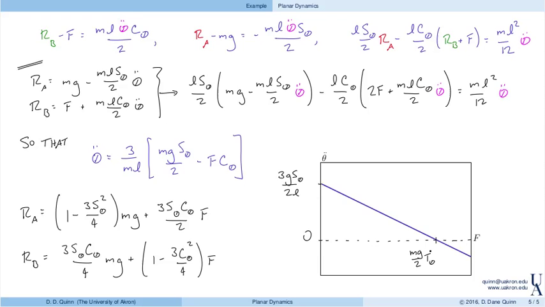In fact, if we were to solve simply a statics problem, this would represent the force needed to hold the bar at a steady position, so with no motion.